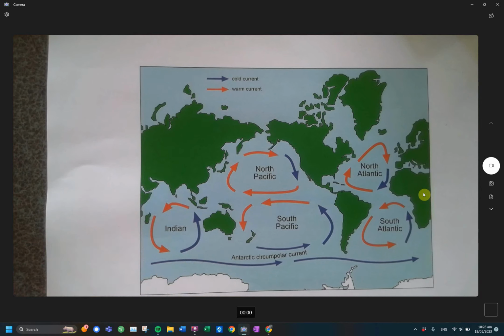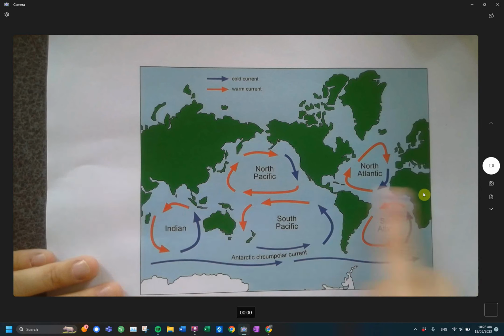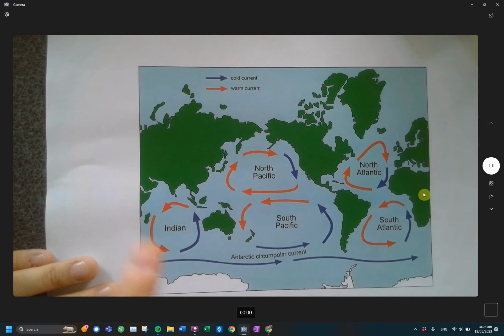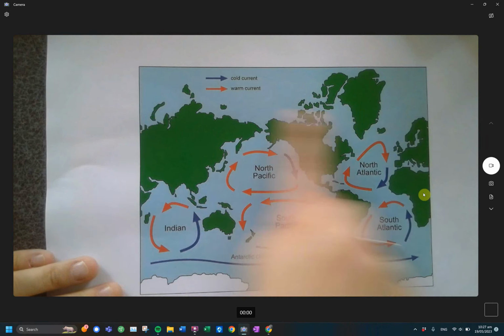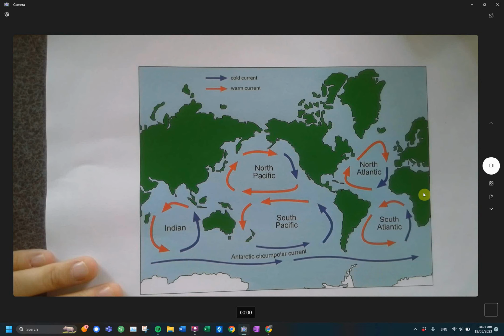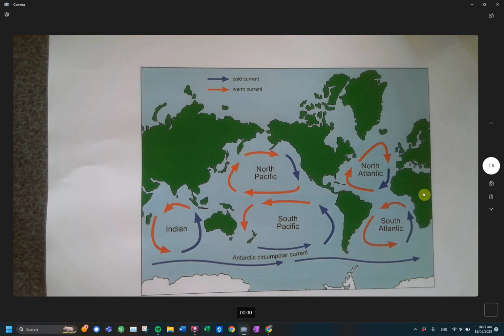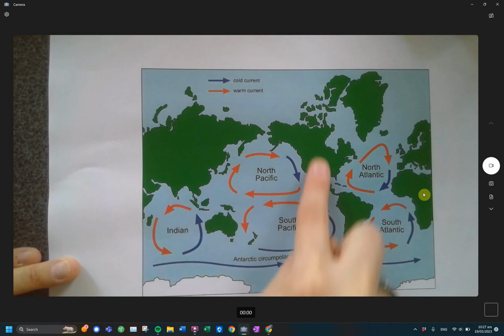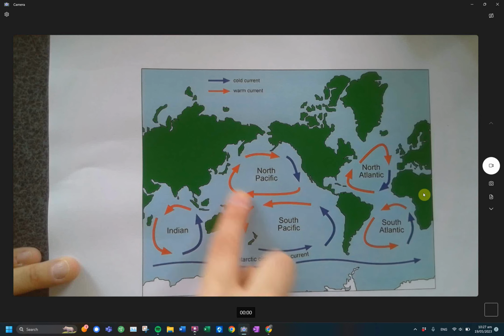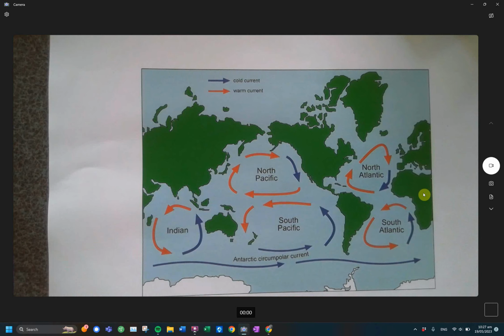So when water is hot, like here where the equator is, it's going to start to rise up to the colder parts because it's less dense. And then when it gets cold in the northern and southern parts of the globe, it's going to become more dense and start to sink downward. And that's what causes those gyres, those circulations with the water.